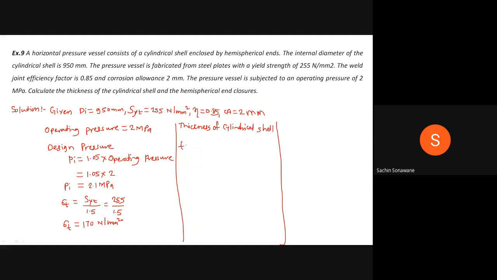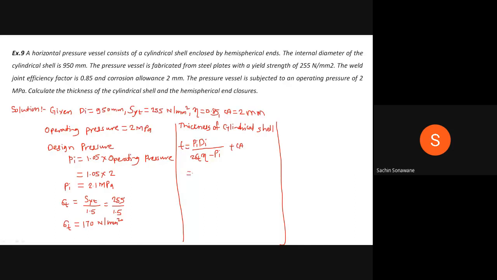T is equal to, what is the formula? PI into DI divided by 2 sigma T into efficiency minus PI, plus corrosion allowance.